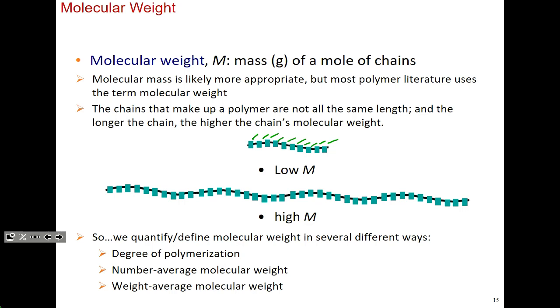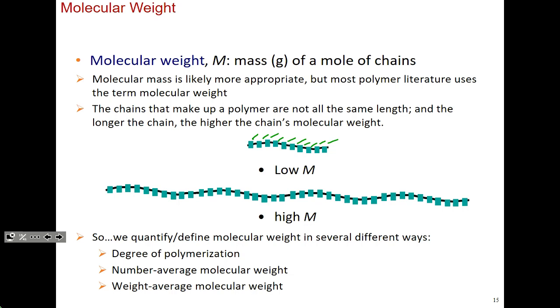The weight average is you're talking about the weight itself, right? Not just how many of those chains there are. You're talking about, okay, what's the weighted average of a chain that has 50,000 grams per mole versus 40,000 grams per mole, okay? So that's why the weight average molecular weight will always win out in terms of being a larger value than the number average. The number average treats all the chains the same.